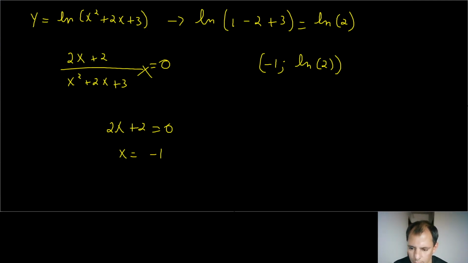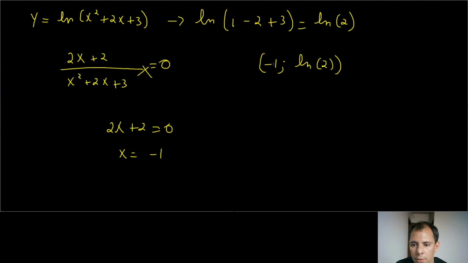Okay, this is the point in the Cartesian plane. Now, you can apply, for example, the first derivative test, and ask what happens to the left of -1. You can put a -2 in here and see what the derivative is going to be, and then you can put something greater, for example, a 0.